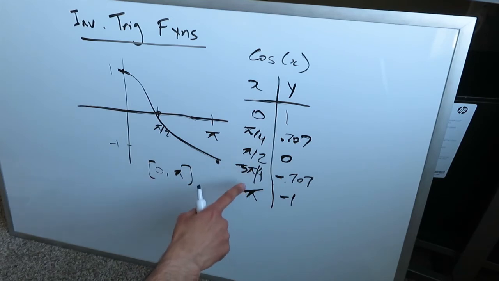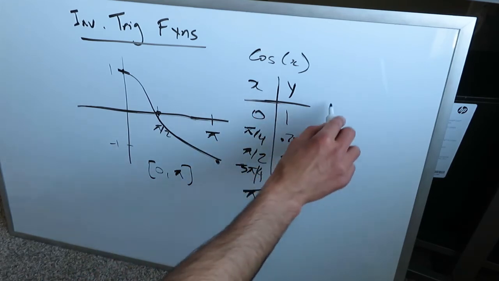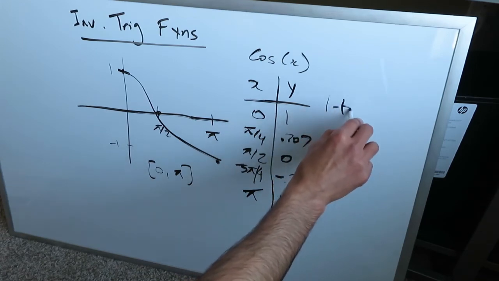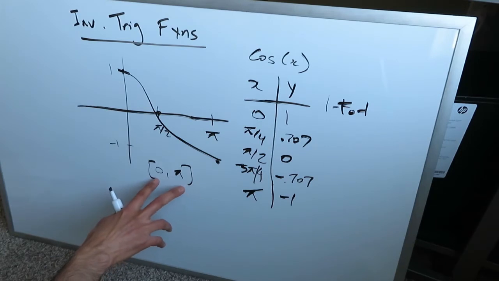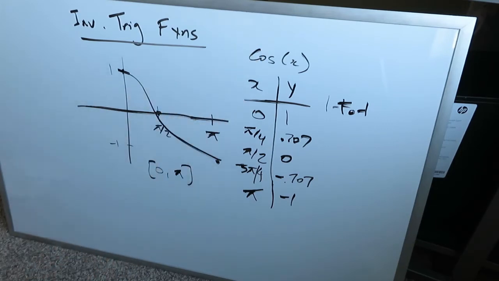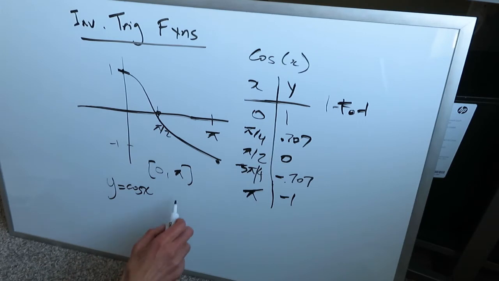Look over here, the distinct domain values and distinct range values. You have a 1-to-1 effect going on over here. So therefore, you can easily generate an inverse within the domain of 0 to pi for the cosine function. And look over here. If generally y is equal to cosine x, switch the letters around. x is equal to cosine y.